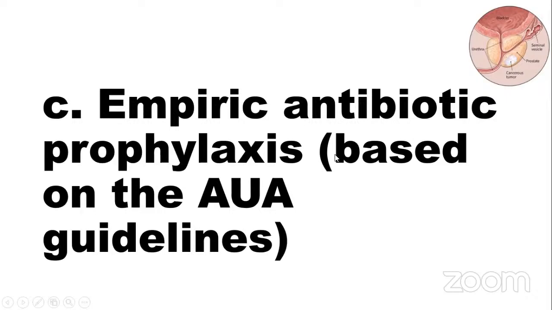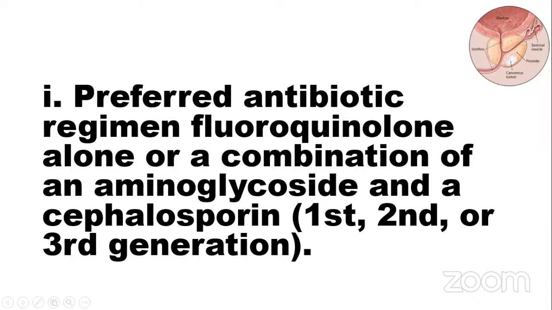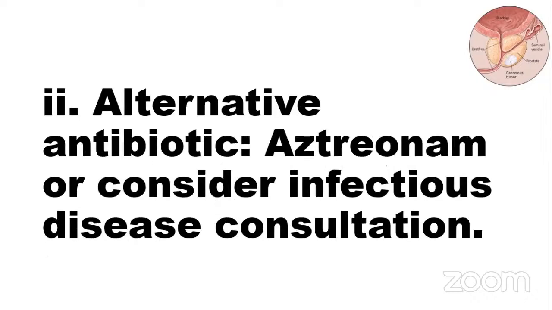Empiric antibiotic prophylaxis based on the AUA guideline. The preferred antibiotic regimen is a fluoroquinolone alone, or a combination of an aminoglycoside and a first, second, or third generation cephalosporin. So a fluoroquinolone, alone or in combination with an aminoglycoside, is an option, like ciprofloxacin.